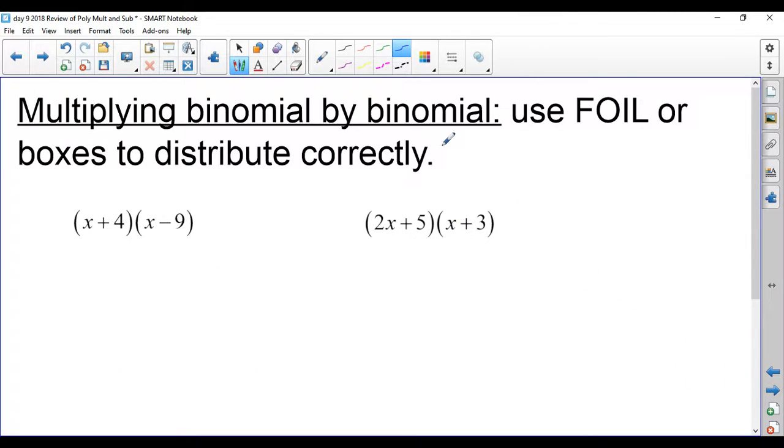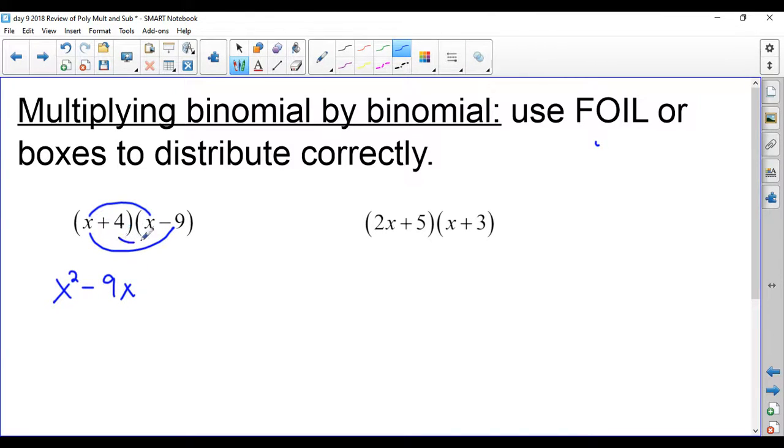When you multiply a binomial times a binomial, you can choose whether you use FOIL and distribute everything, or if you use the boxes to distribute. Remember, FOIL stands for first, outer, inner, last. You multiply first in each binomial together. X times x is x squared. Outer, x times negative 9 is minus 9x.